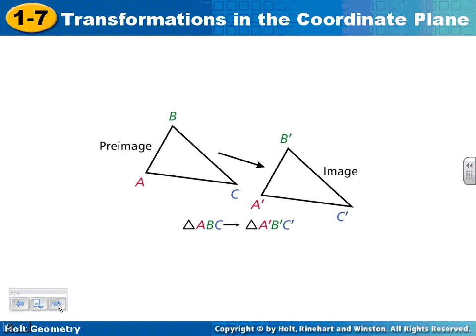The next slide. This is a transformation of a triangle. Notice you have the pre-image right here, which is the first one. That's where you start. And the image is the second one, and that's where you finish.